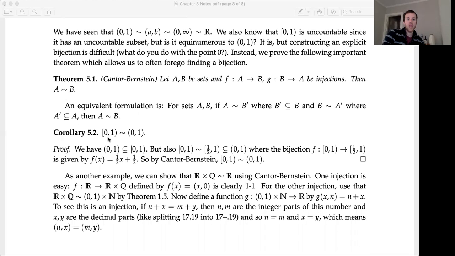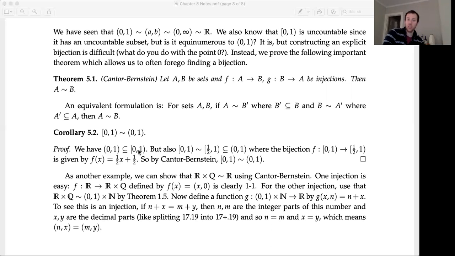We had been talking about how open intervals are all equinumerous to each other, but in fact, every interval, no matter the endpoints, is equinumerous to each other. And the proof, if you use this Cantor-Bernstein theorem, is not difficult because all the work is stuffed into here. So these two sets, there's a bijection. We won't come up with one, but we can say the open interval is a subset of the half-closed one.